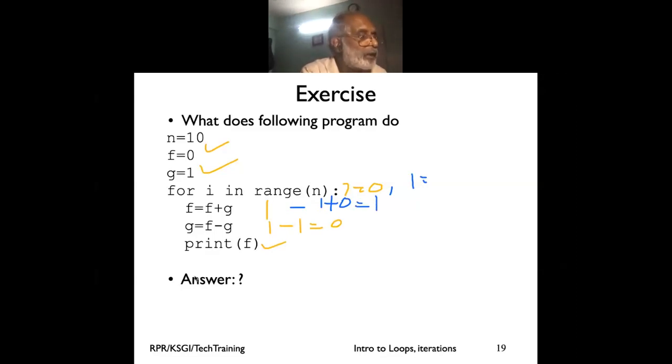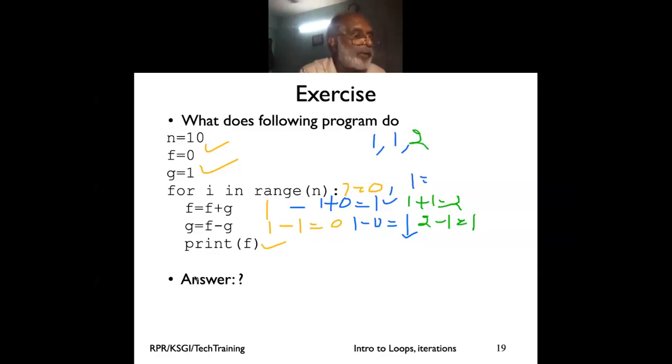What does g become? 1 minus 0, because g is 0, which is 1. And I print f. Now both f is 1 and g is 1. Next time you come in, f becomes 1 plus 1 is equal to 2. g becomes 2 minus 1 is equal to 1. You print f, it becomes 2.